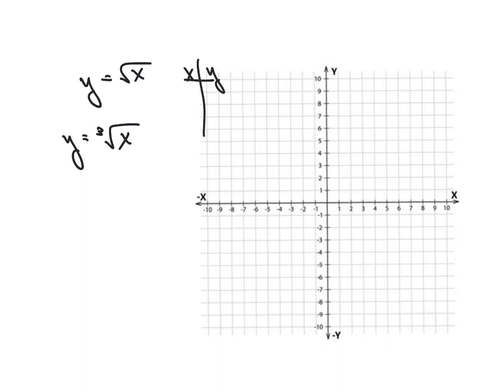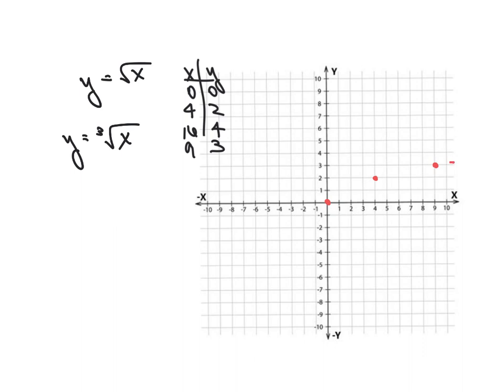Let's say we put 0, gives us 0. Then let's say we put in 4, we get a 2. Put in 16, we get a 4. Oh, we can also put in a 9 and get a 3. So when we graph this, we've got 4, 2, 16, 4, 9, 3.